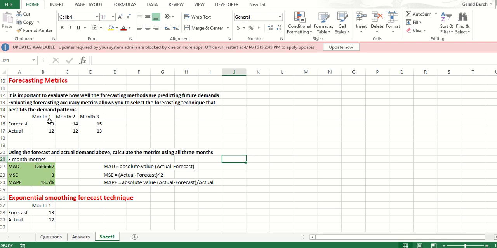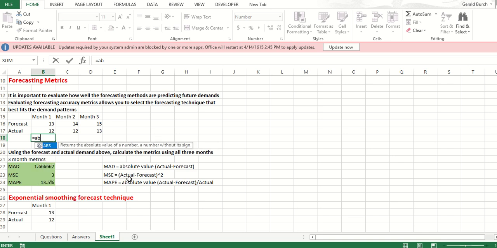So if I'm going to go back to month 1, the MAD for month 1 equals absolute value of the actual minus the forecast. And so looking at this right now, you can see that the absolute value of how much they changed really was 1.